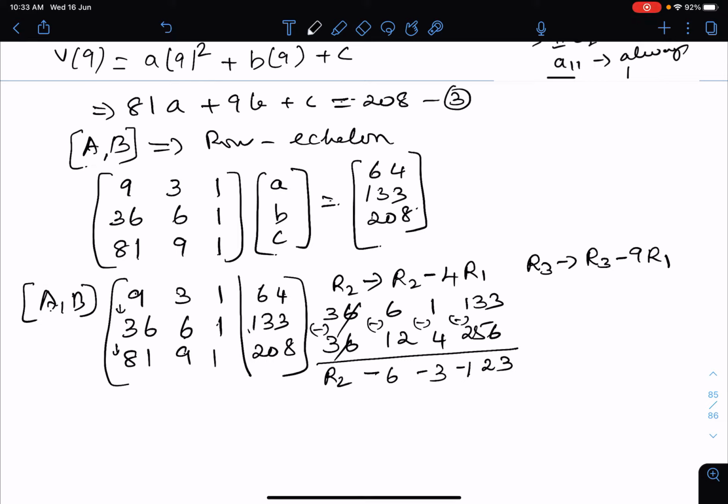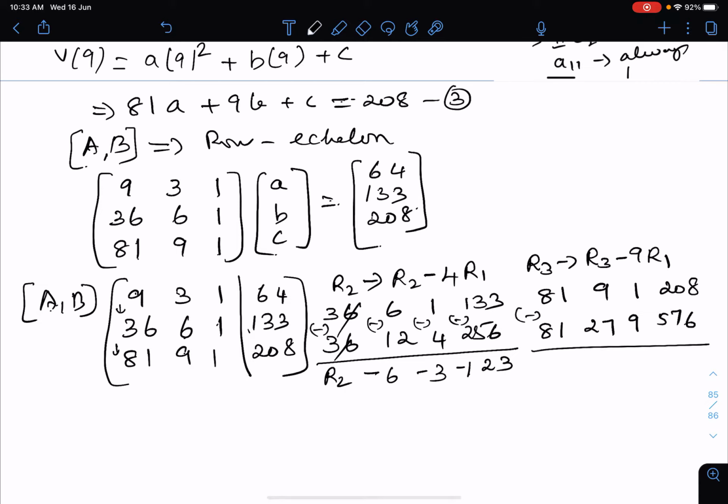Similarly, our row 3: 81, 9, 1, 208. Multiplying by 9, 9 into 9 is 81, 9 3s are 27, 9 1s are 9, 9 4s are 36 and 9 into 64 is 576. Again here also you are going to change your sign, so this gets cancelled to 0.